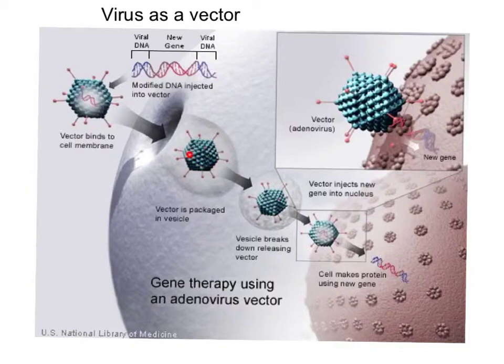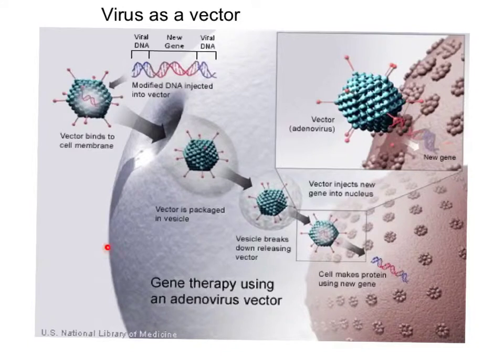But then what happens is that the virus sticks onto the wall of the nucleus of this cell and actually injects. You can see here it's injecting its DNA directly into the nucleus. So the virus is the structure which is injecting the DNA into the nucleus.